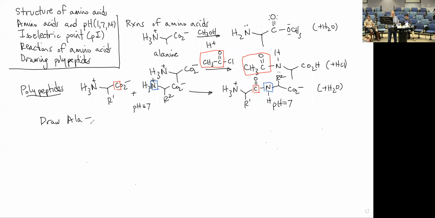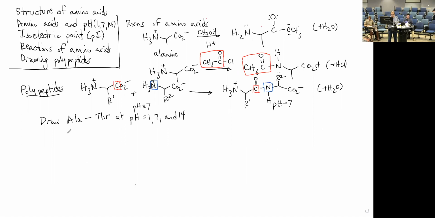Kind of a fan of serine, but we've already used it. Oh, I don't know, threonine. And I'll tell you the side chains. And we'll do that at pH 1, 7, and 14. And then we'll call it a day.